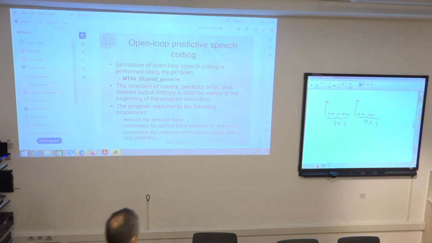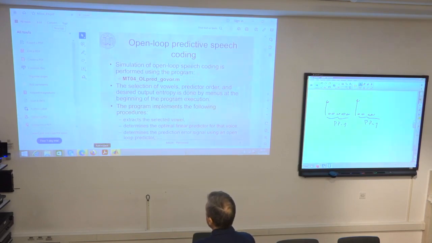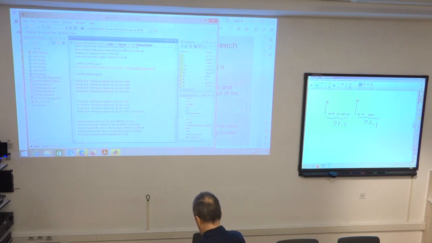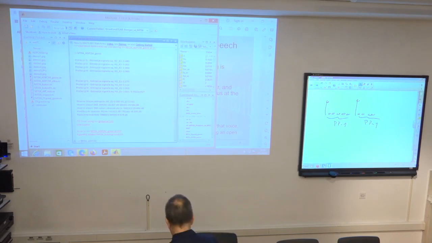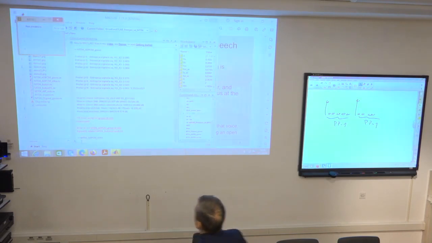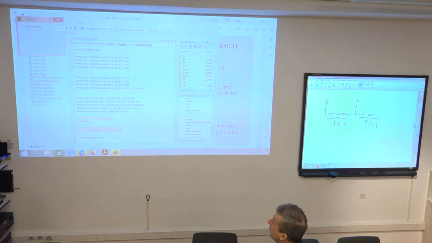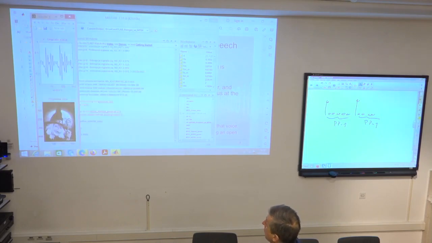If I do it for images, I'll do it only for the closed loop case. I run the program, the ADPCM image demo. Now you select the order of prediction, let's say order 2, entropy 2 bits, and demo, let's say demo 3.